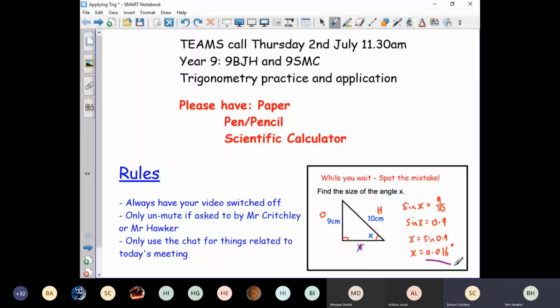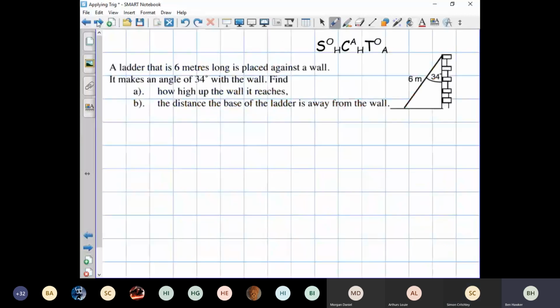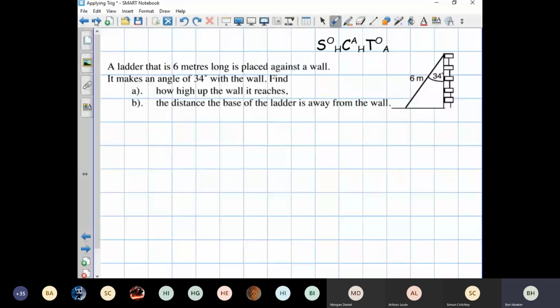Right, let's get going. So our first question. A ladder that is 6 meters long is placed against the wall. It makes an angle of 34 degrees with the wall. Find A, how high up the wall it reaches, and B, the distance the base of the ladder is away from the wall.